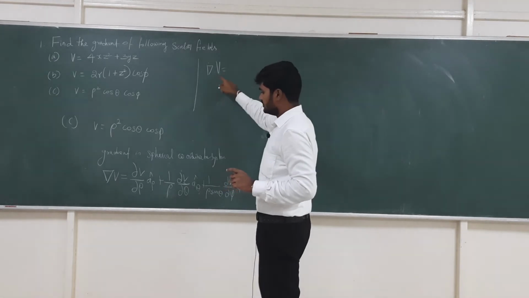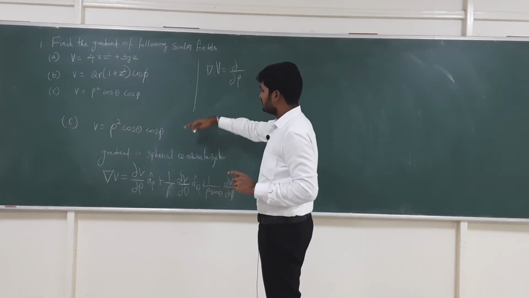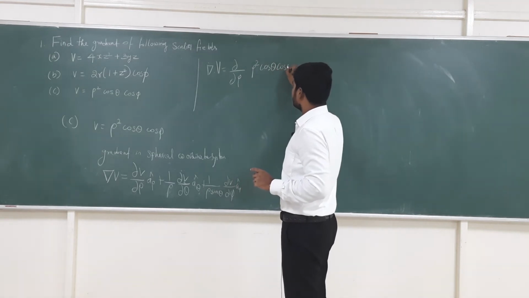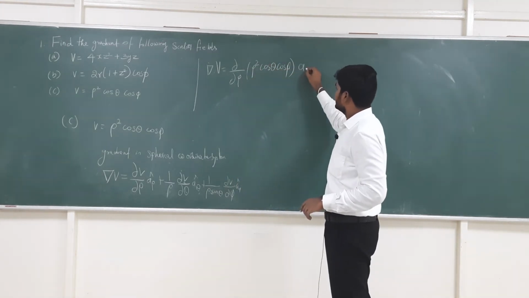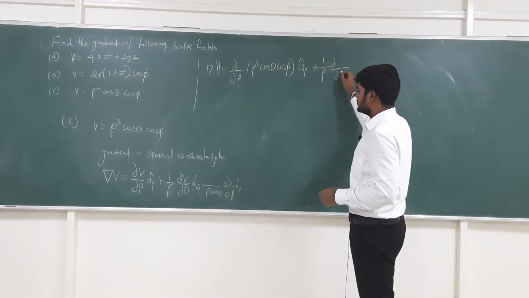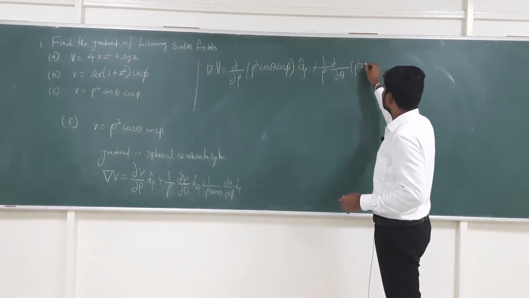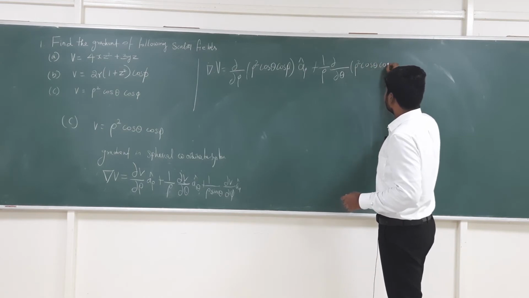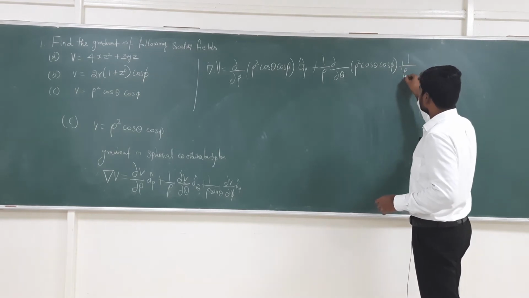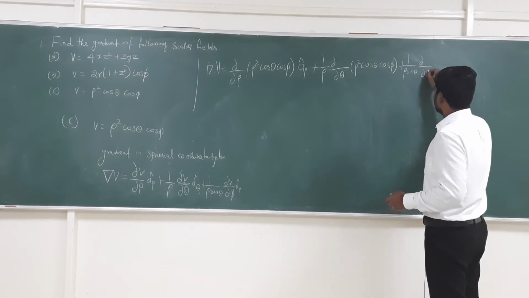The gradient of the scalar is equal to ∂/∂ρ of the v value, which is ρ² cos θ cos φ, into a_ρ cap, plus 1/ρ ∂/∂θ of ρ² cos θ cos φ, plus 1/(ρ sin θ) ∂/∂φ of the v value.